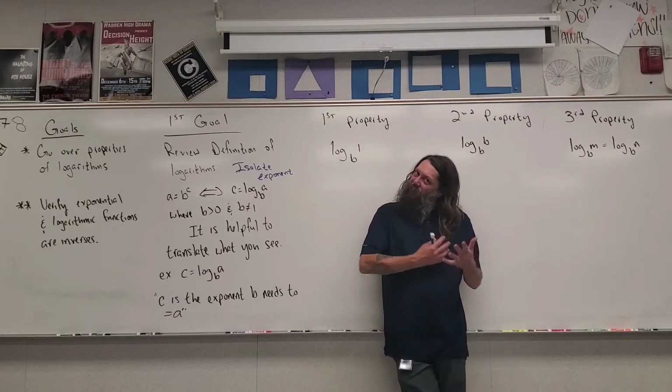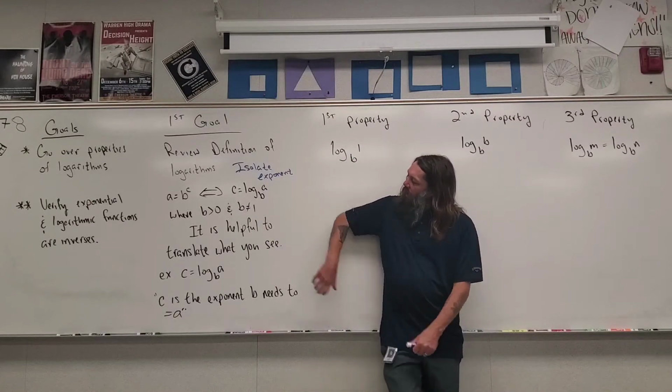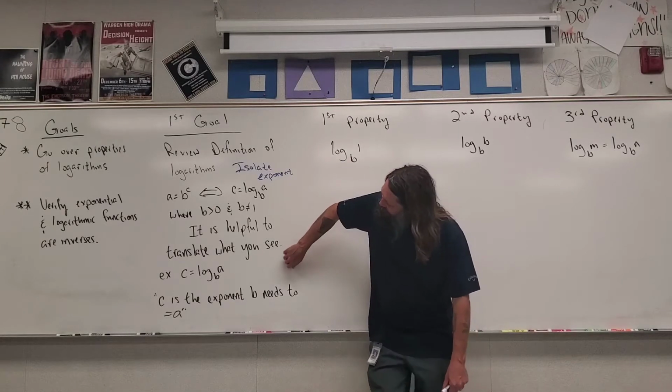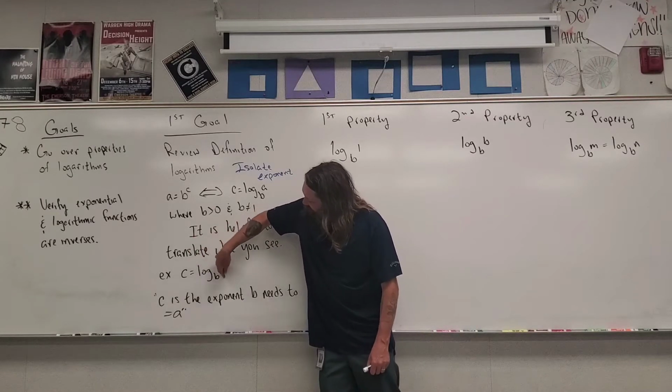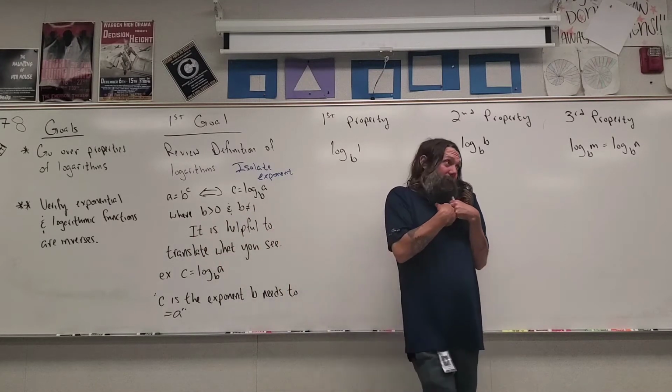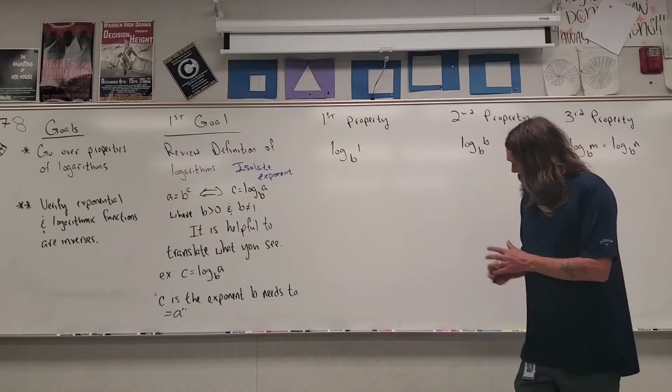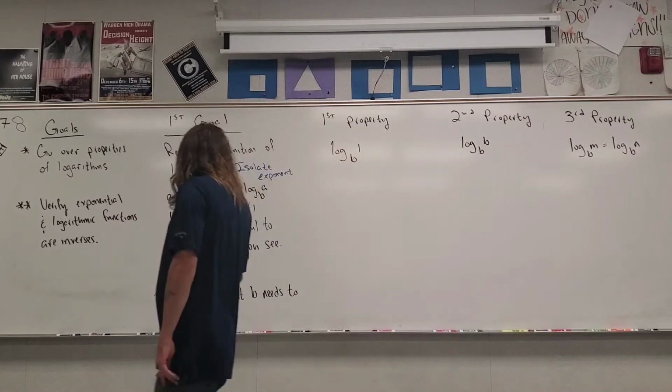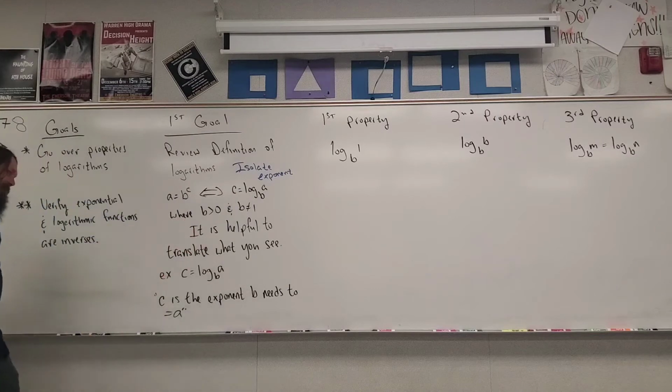So like I was saying, it's helpful to translate these things. And so let's translate what we see. If I give you c equals log base b of a, to me that means nothing. All right, I'm not following what that means.